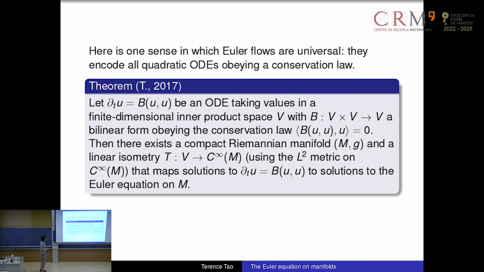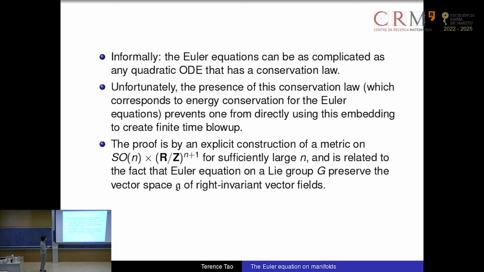So there's an explicit construction. The manifold was explicitly just a product of an orthogonal group. You write down the explicit form of the dynamics, and it's overdetermined.